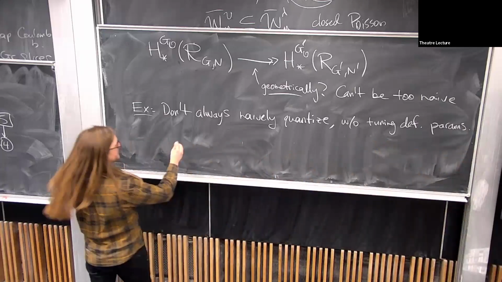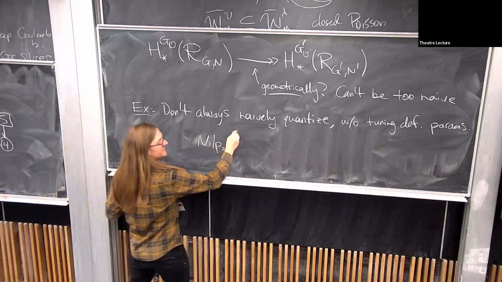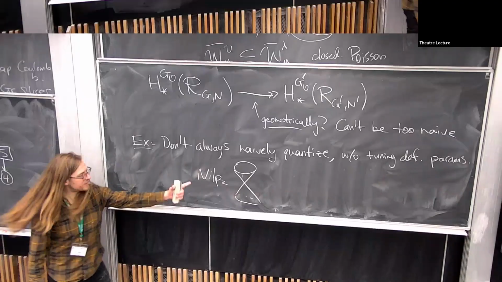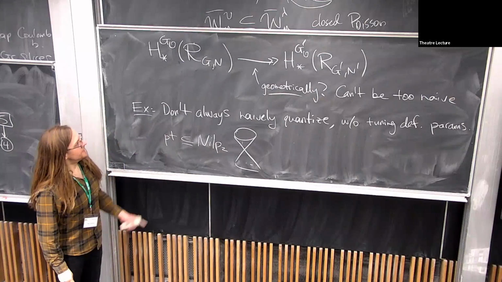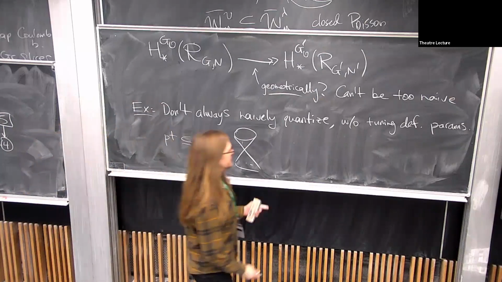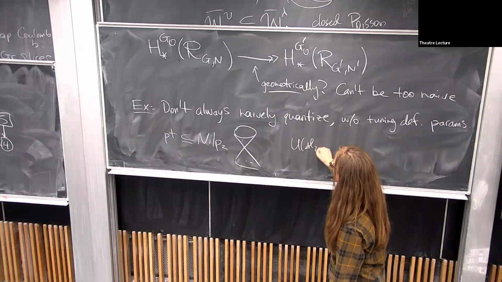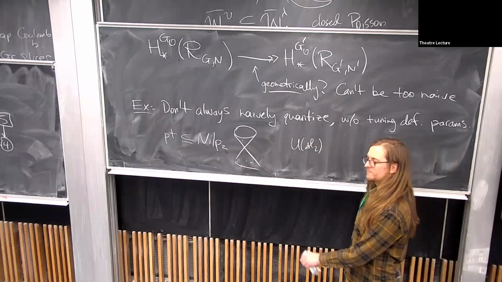There's a simple example though, which is just take the nilpotent cone of SL2. I mean, the usual nilpotent cone. Take the cone point. And if you run through this whole Coulomb branch story, the quantization you get of the nilpotent cone is U of SL2 mod the central character where there's only one highest weight.